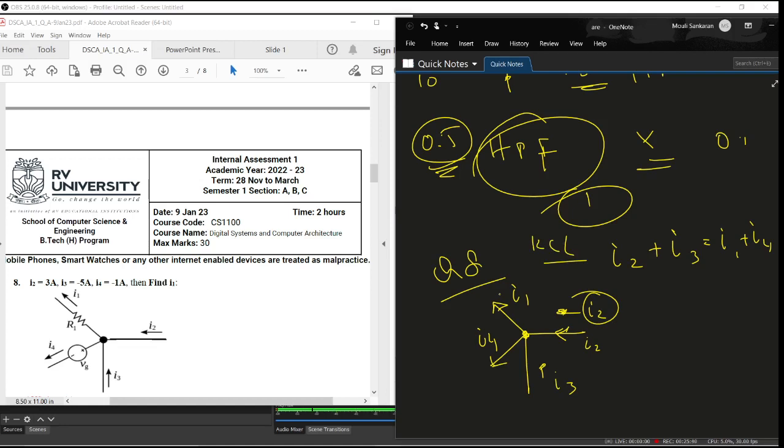Substitute the values now. What are the values given? Okay, 3 is given. I'm not writing ampere here right now. I2 is 3. I3 is minus 5. Okay, equal to I1 is to be found. So let us write I1, and then I4 is minus 1.